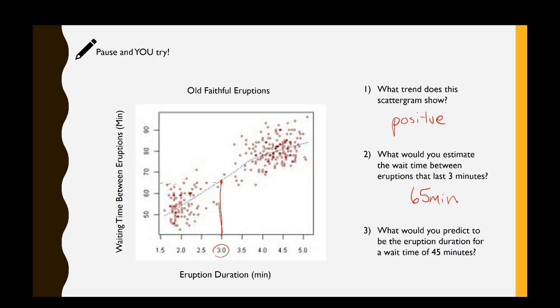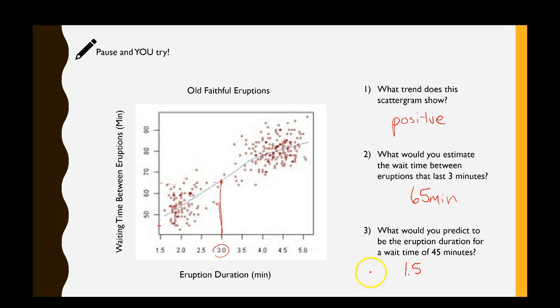So what would you predict to be the eruption duration for a wait time of 45 minutes? Okay, well this one, we got 45, so that'd be about right down here. And if I kind of continued this trend, we could say, you could have said 1.5, you could have said something a little bit lower because it probably would have been a little bit lower than that.